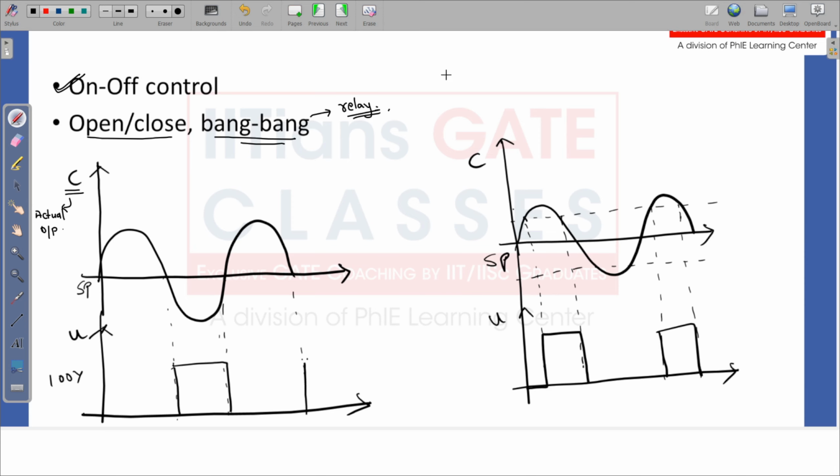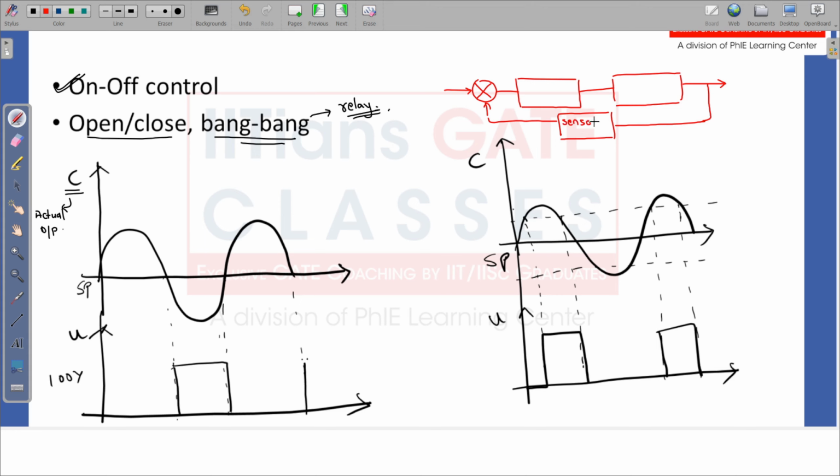Now let me take one example over here for you. This is one sensor or measuring instrument. This is your controller.